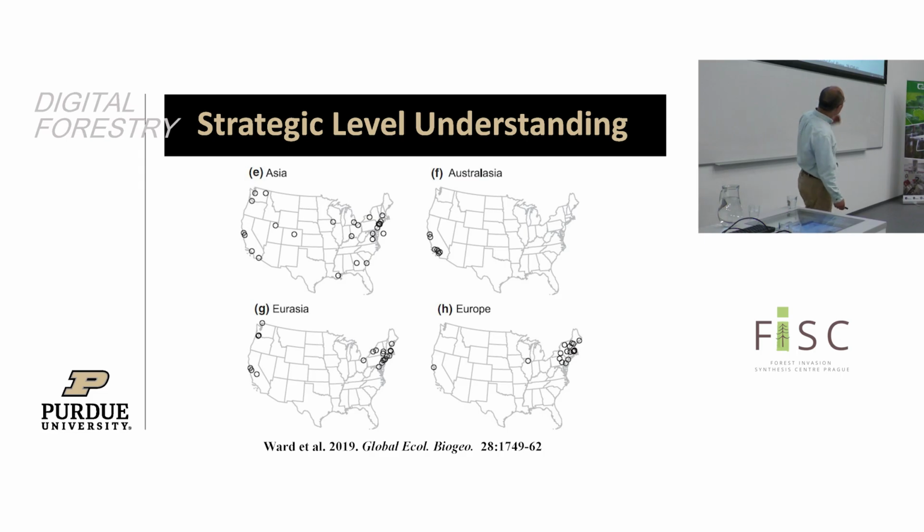You look at these 80 plus damaging invasive insects, and they have some interesting patterns. All species originating from Asia can be introduced and established on both the East Coast and West Coast. Species originating from Australia most likely only establish and survive on the West Coast.